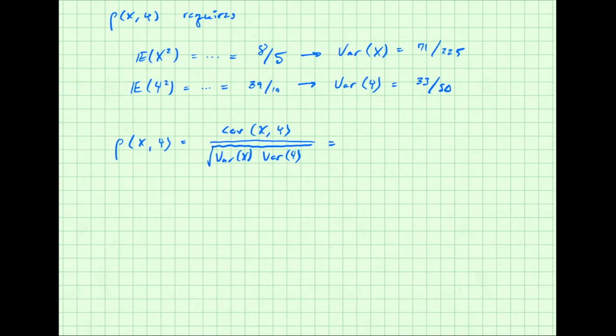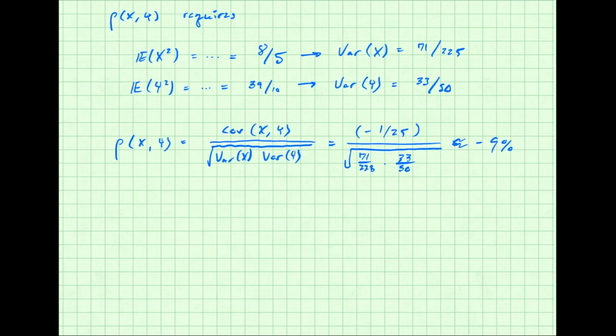And so what that's equal to then is minus 1/25 over the square root of this long thing, right? So 71 over 225 times 33 over 50. And it doesn't turn out to be something super clean, like minus a fourth or something like that. It turns out to be approximately equal to minus 9%.